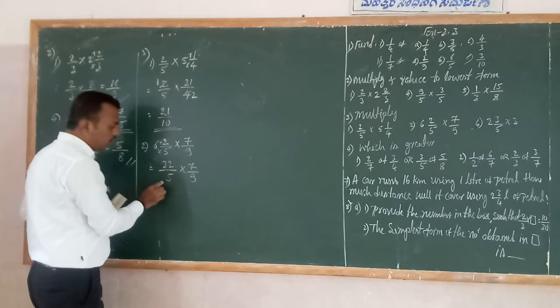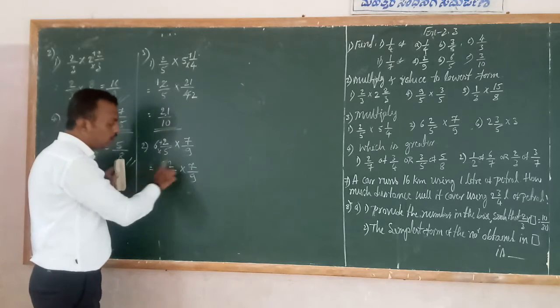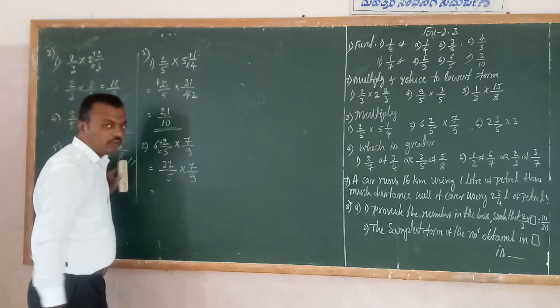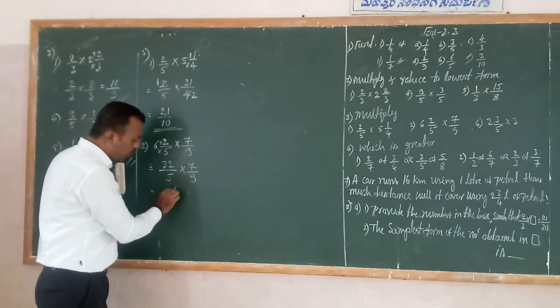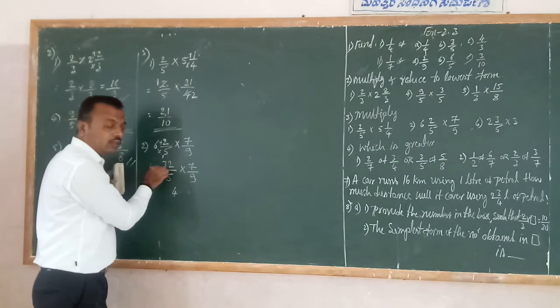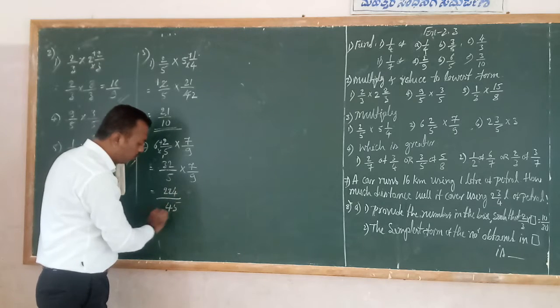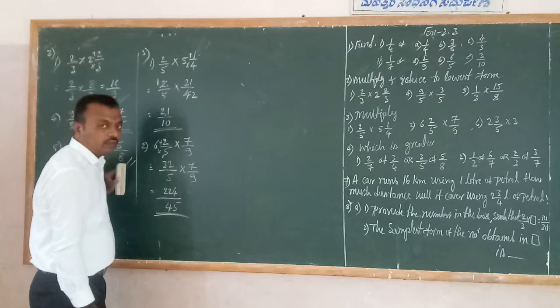Then 5 and 7 are not going, 9 and 32 are also not going. That's why you have to multiply the numerators and denominators. 7 2s are 14, 1 carry, 7 3s are 21 plus 1, 22. So 224 whole upon 5 9s are 45. So 224 upon 45. Okay.